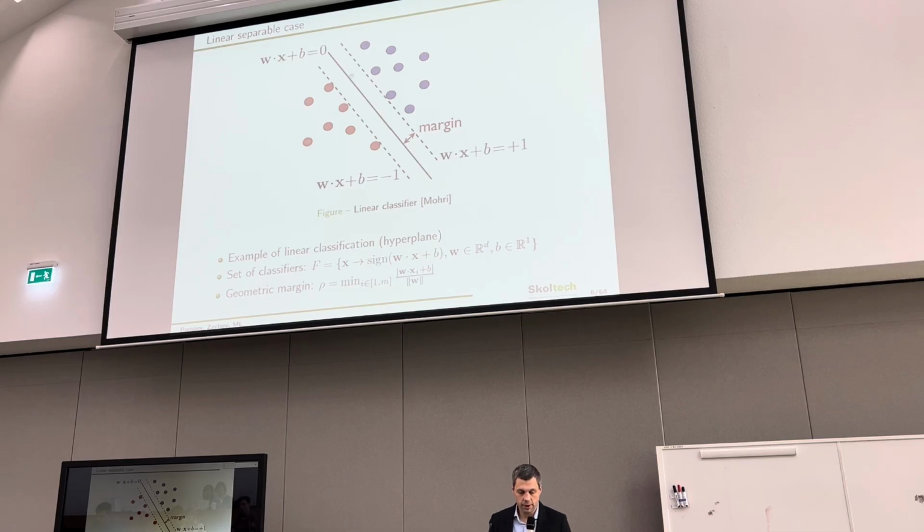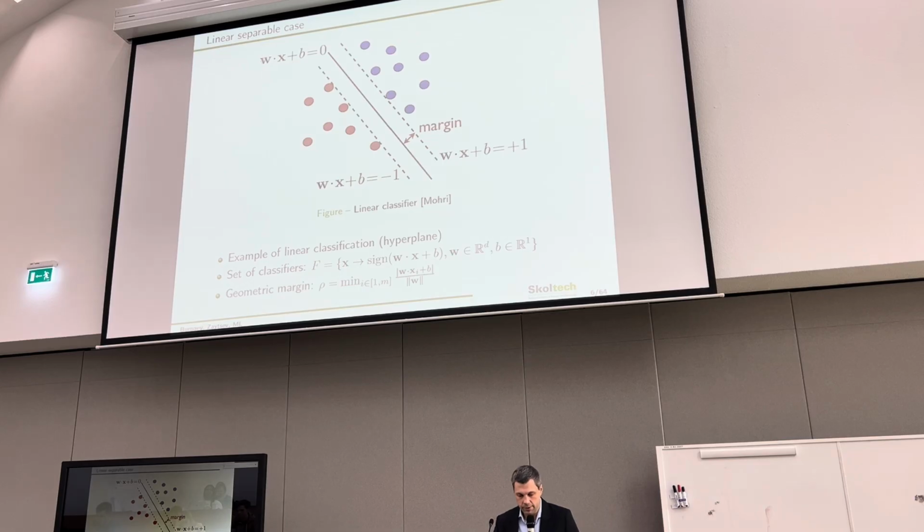Red dots are observations from the negative class, blue dots are observations from the positive class. And separability means that between all possible observations from the first and from the second classes, there is some linear boundary which can be defined by an equation of this type.